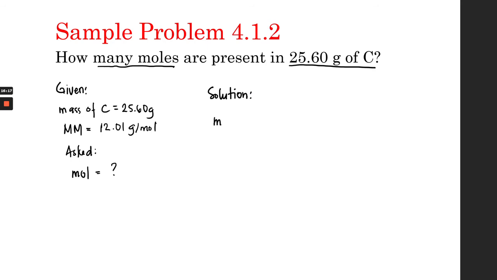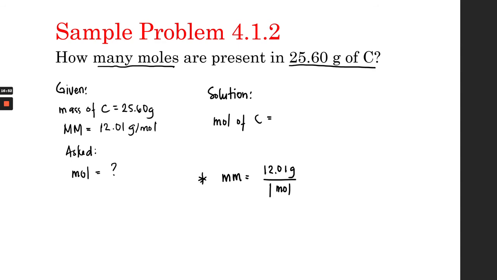In order for me to find the moles of carbon, sorry, you have to invert your molar mass. Your molar mass is equal to 12.01 grams per mole, correct? That's basically grams per mole.